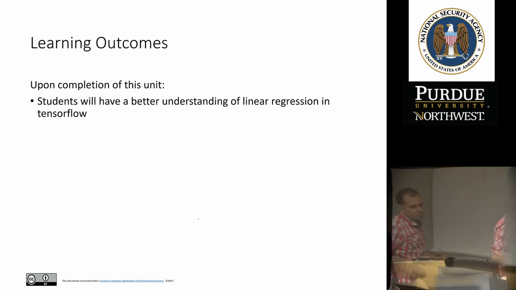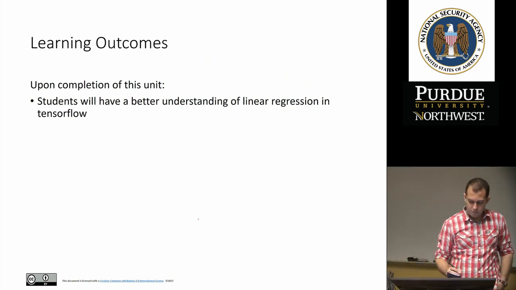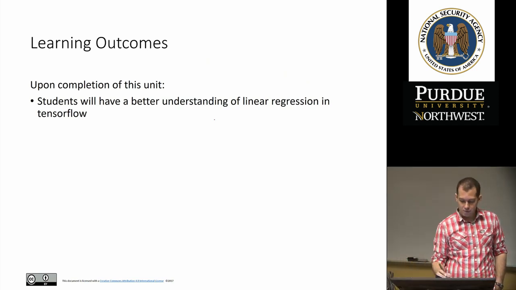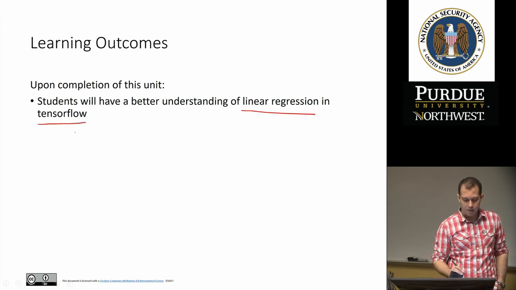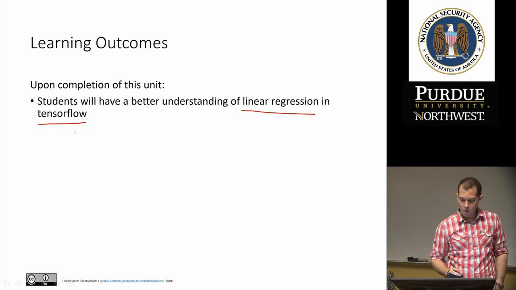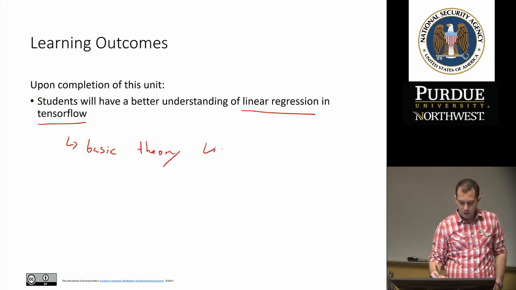So the learning outcomes: upon completion of this unit, students will have a better understanding of linear regression and how it can be implemented in TensorFlow. We will discuss some of the basic aspects, the basic theory, if you will, of a linear regression algorithm.